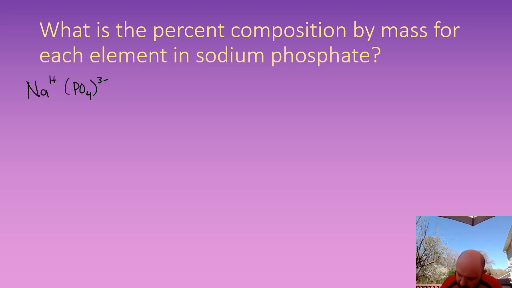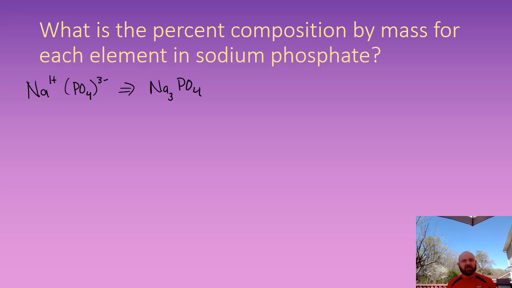So the formula is going to end up being Na3PO4. And that's the formula for sodium phosphate, Na3PO4.